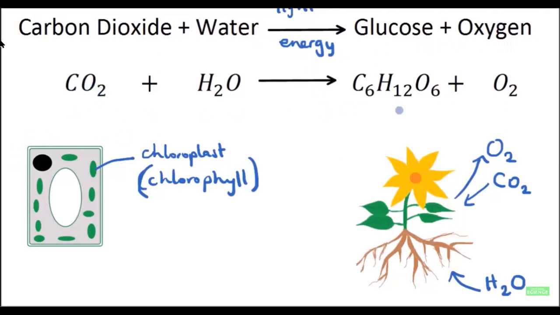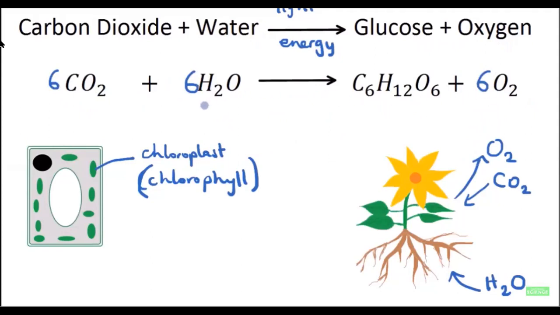And this is the symbol equation down here. The symbol equation isn't balanced, but I can quickly balance it for us. And you need to be able to do this yourself. You need to be able to balance equations yourself. I've got a video on balancing equations, so you can go and check that one out. But I've just balanced it for us here.